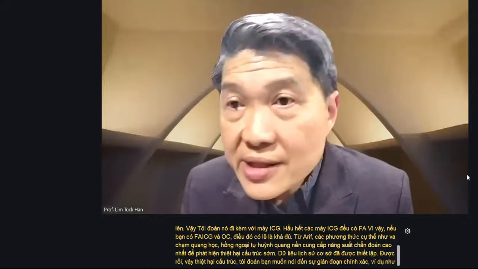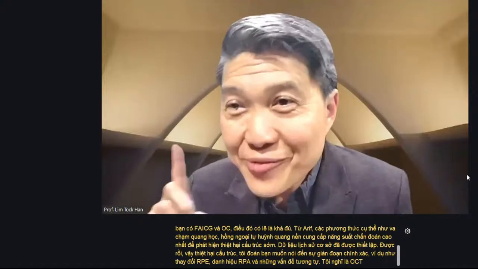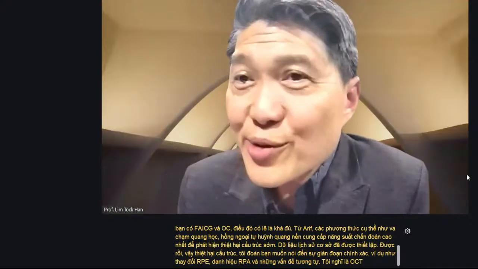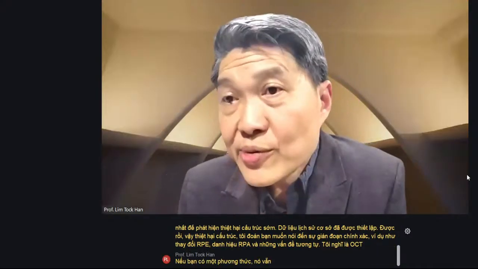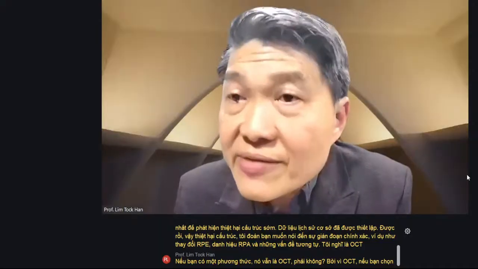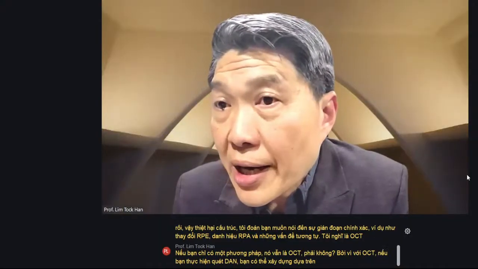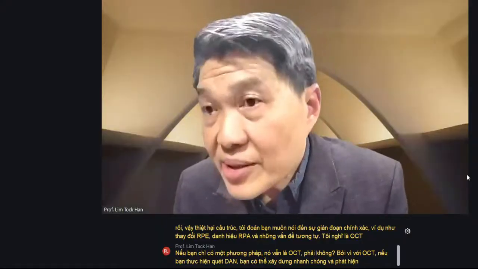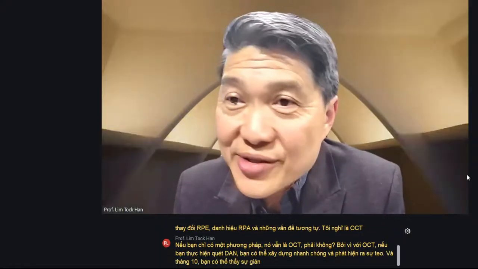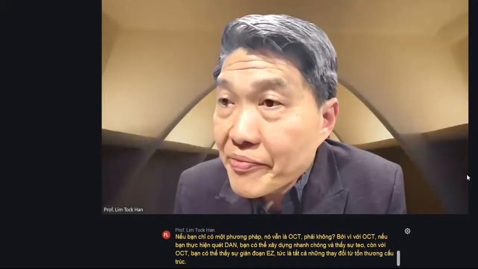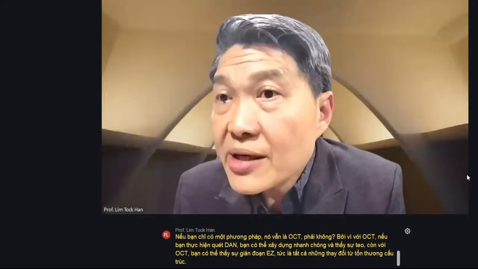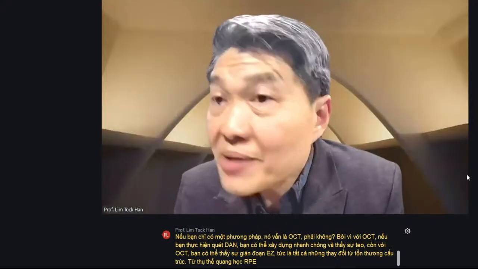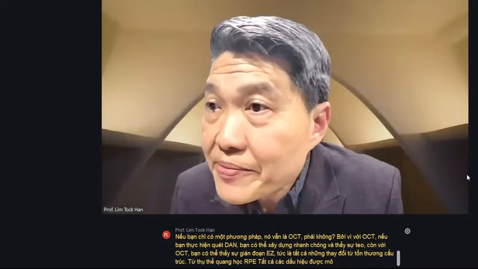I think if you have one modality, it's still OCT. Because with OCT, if you do a dense scan, you can reconstruct en face and see atrophy. And you can see EZ disruption, all the changes for structural damage from the photoreceptor, RPE, all the signs that are described by the CHEM group.